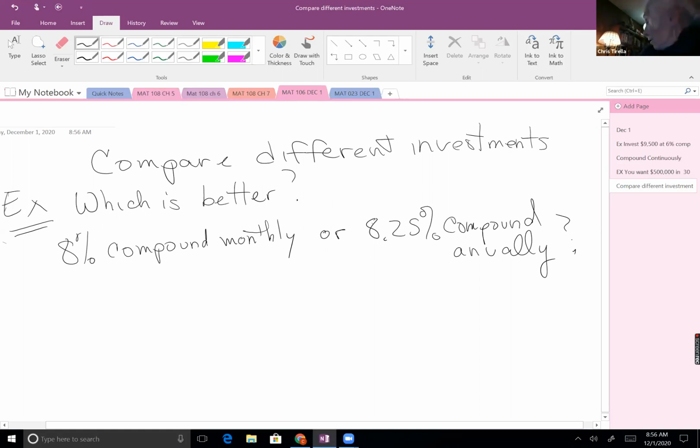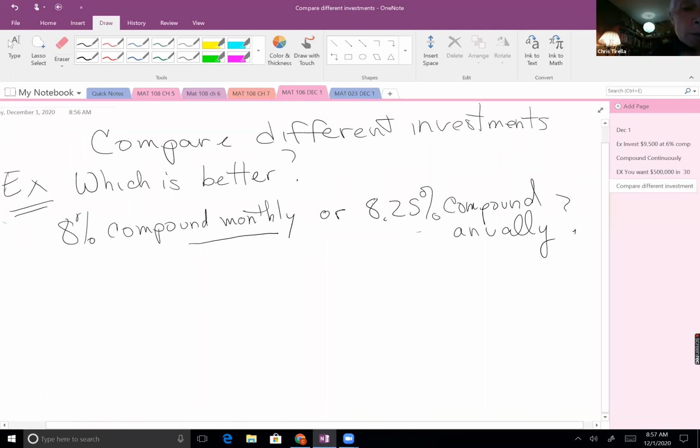And as I look at that question, I find myself thinking, that's a difficult thing to decide. Because we said the more often we compound, the better we do. But this one's got a higher rate. Is it enough higher to overcome the difference in compound periods or not? It's kind of like that old expression, we're comparing apples and oranges. These are different. And so to answer this question, we use something called the effective yield formula.